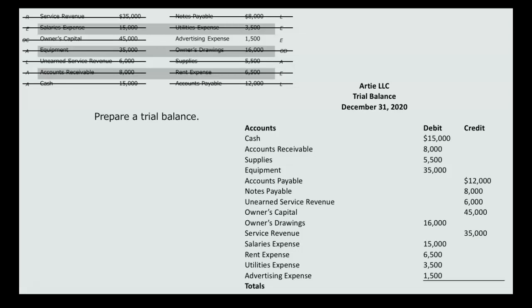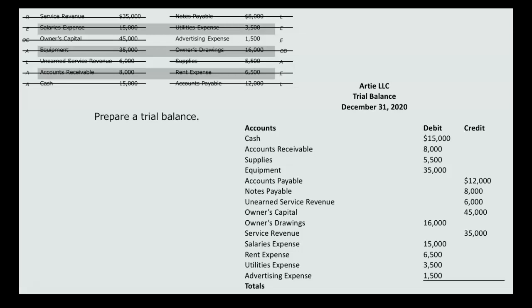And then we have our liabilities, owner's capital, and our revenue accounts all listed under the credit column. And notice how there is no break in between the different types of accounts. Our assets flow right into our liabilities, which flow right into owner's capital, and so on. Right? We just list out all of these accounts and all of their balances.